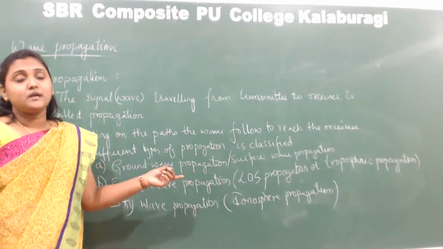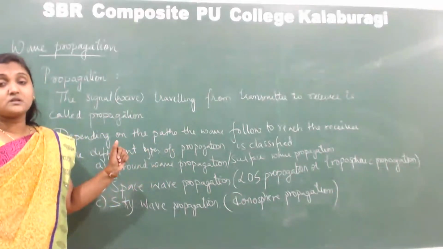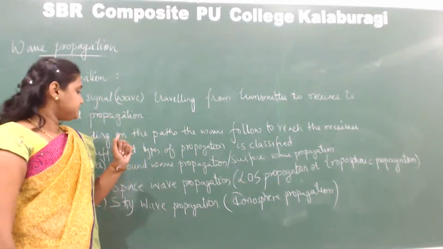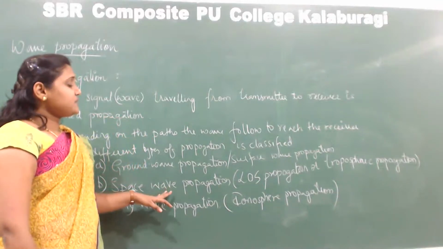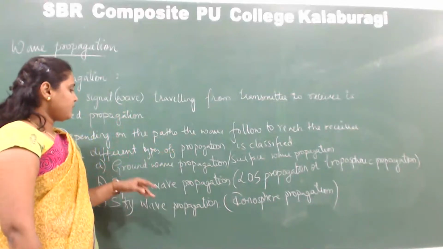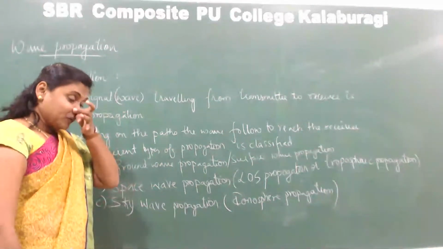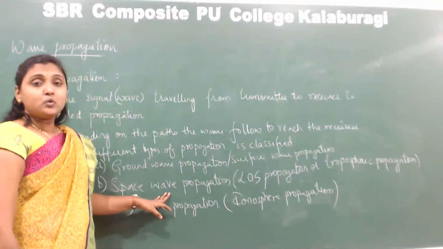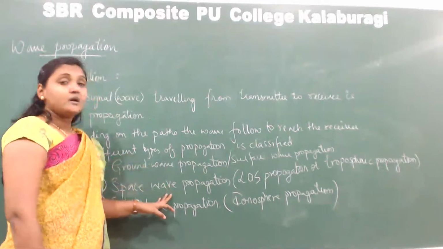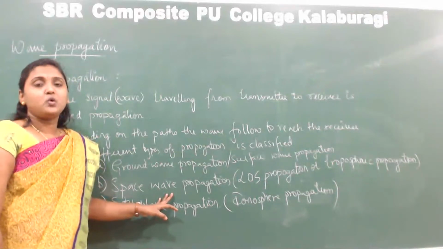Space wave propagation, I have told you, requires line of sight. That means the two antennas have to be placed face to face. They must listen to each other. It is better to always place the antennas at some height. It is also called line of sight propagation or tropospheric propagation. The transmitting and the receiving antenna should face one another, with no obstacles in between.